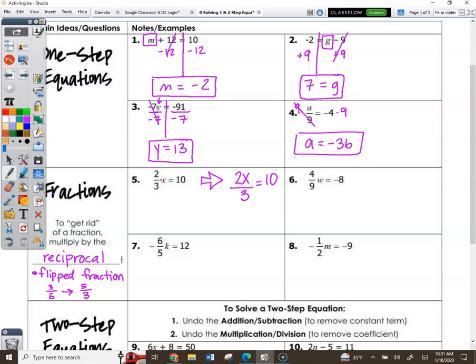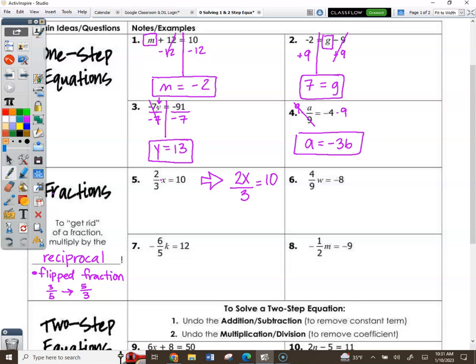Keep, change, flip. When you're dividing fractions, you keep the first one alone, change it to multiplication, and then flip the second fraction. So when you say, I'm going to divide by 2/3, you're actually multiplying by 3/2.